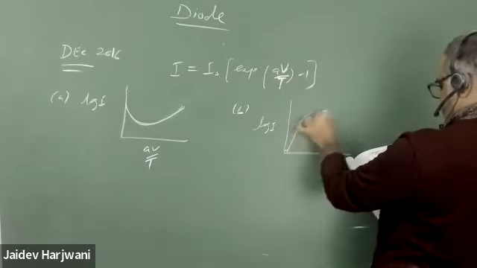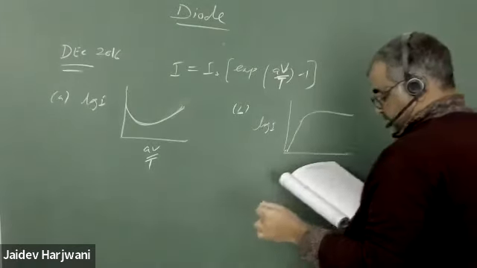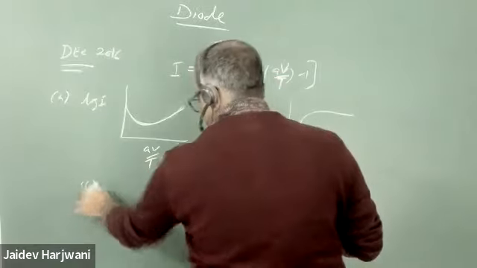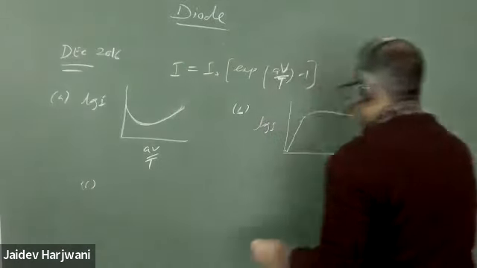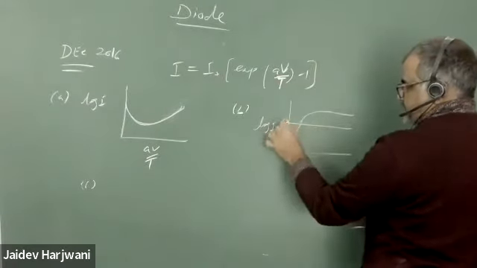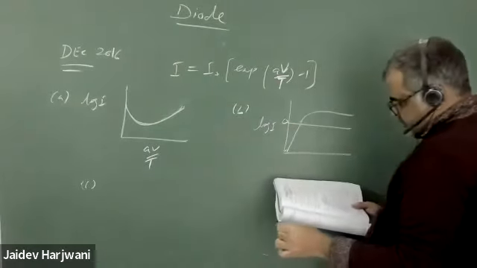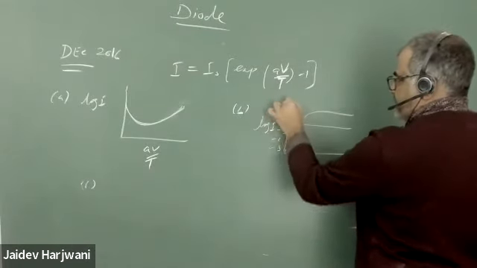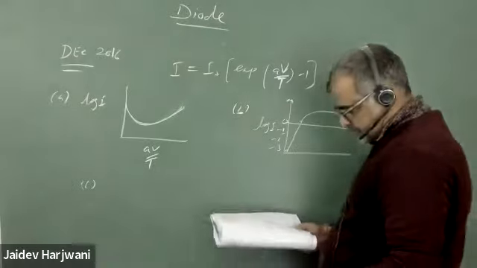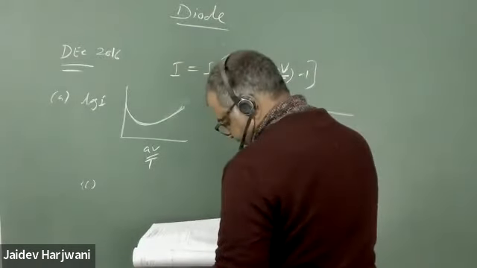Option C is given with this as the 0 line, so negative values are also there: minus 1, minus 2, minus 3. This is log I.